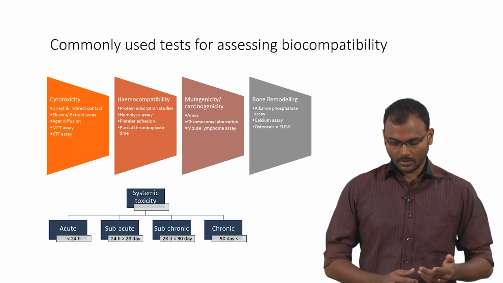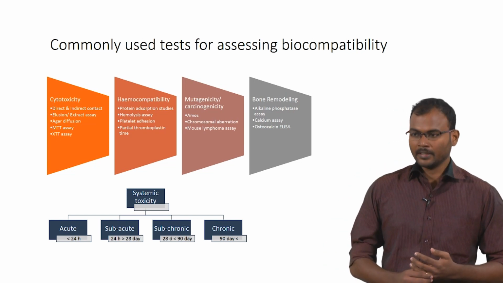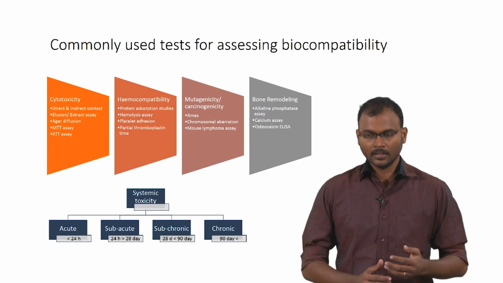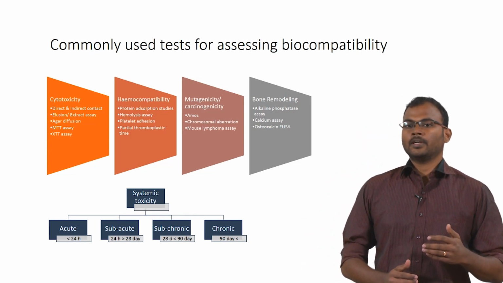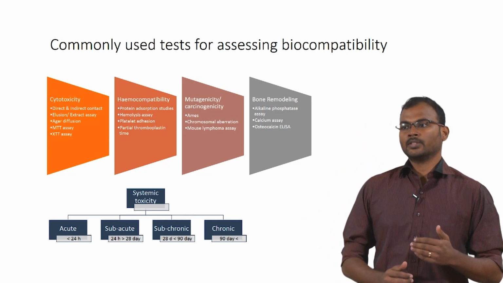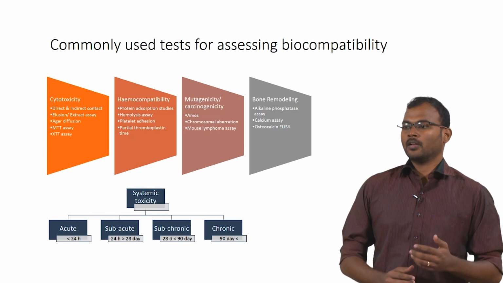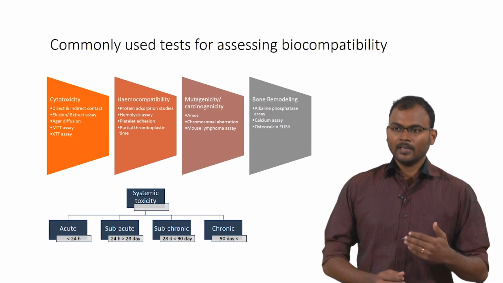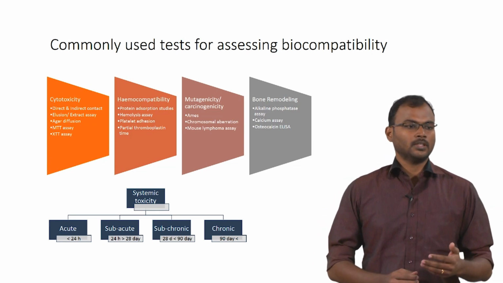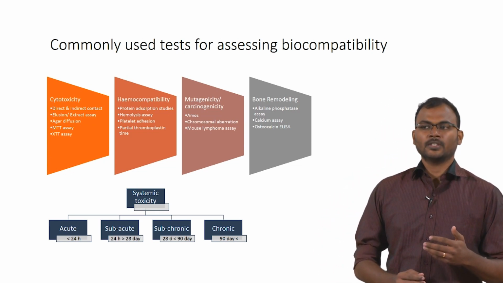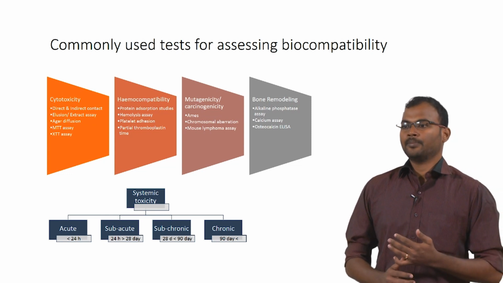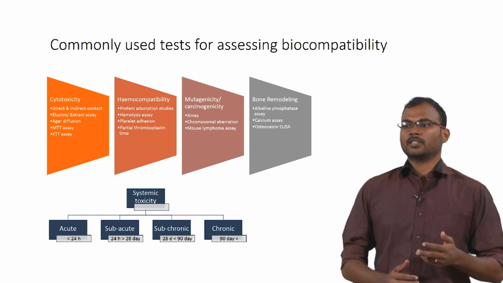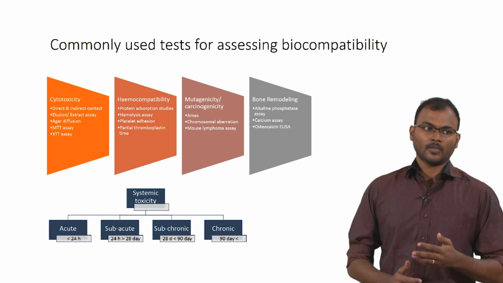In bone remodeling, the main factor we look at is the alkaline phosphatase assay. When you are using a dental implant or orthopedic implants with bone cements, that leads to integration of host cells, osteoblast cells, and an increase in calcium content and phosphate content, and osteocalcin is a major marker for bone cells.